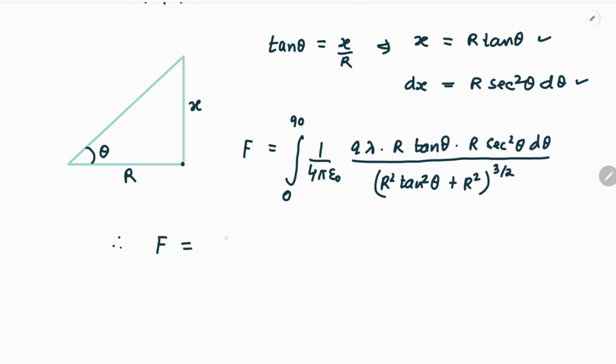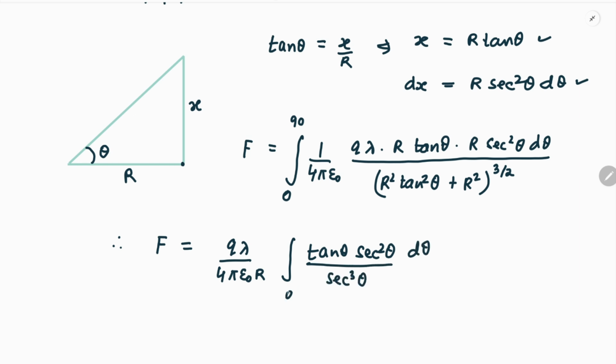Therefore force can be written as q lambda upon 4 pi epsilon naught r. These are the terms which we can take common, and then we are left with the integration of tan theta sec square theta upon sec cube theta d theta, extending from 0 to 90 degrees.